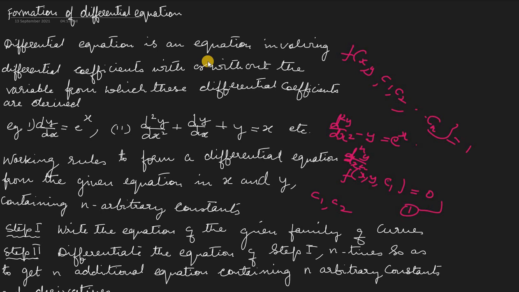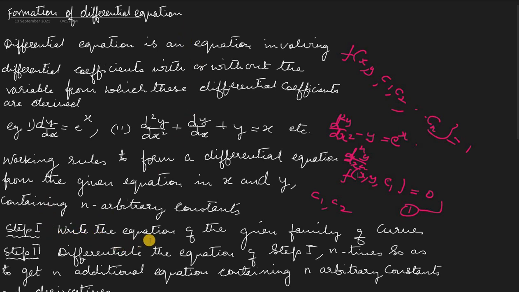If it involves two constant terms, c1, c2, you have to differentiate it 2 times to eliminate c1, c2, and so on. In general, if it involves n constant terms, you differentiate it n times to get n plus 1 equations, and with the help of those n plus 1 equations, eliminate all those constants c1, c2 to obtain the required differential equation.